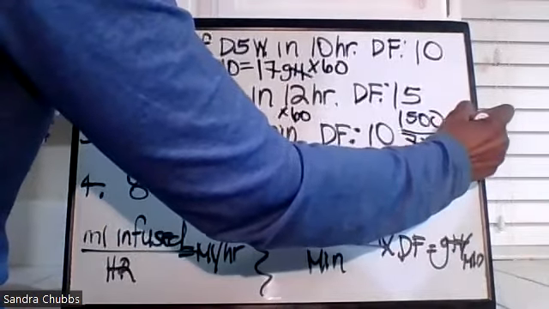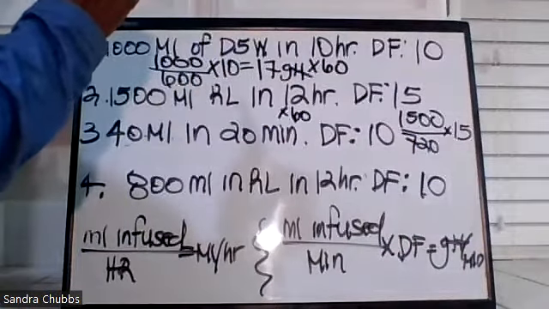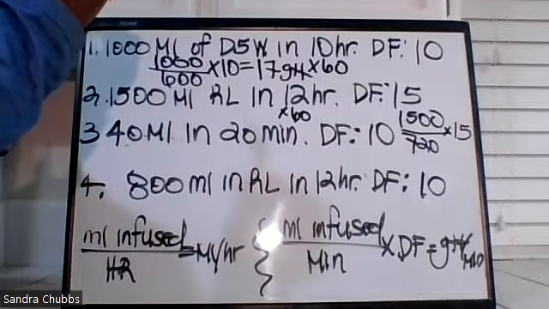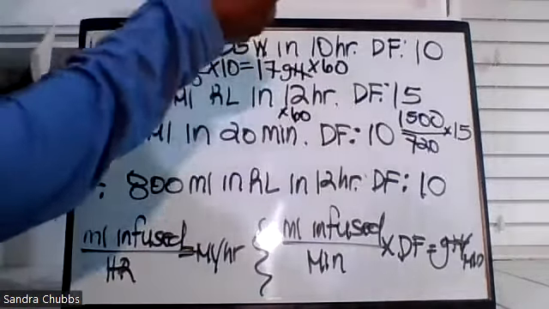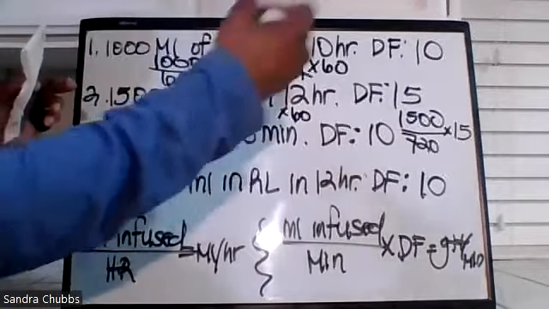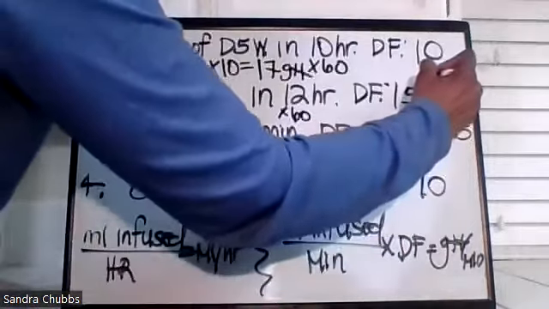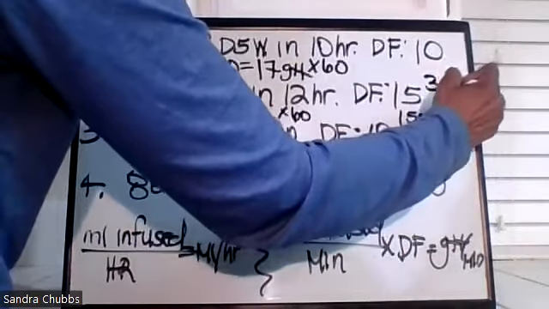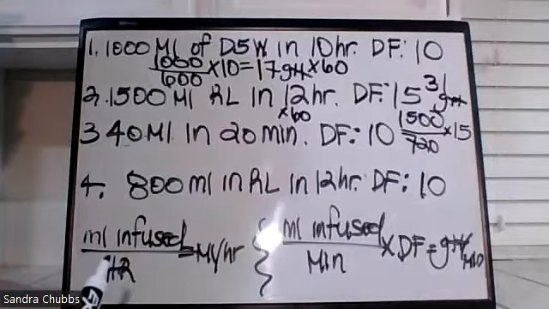Sorry, the board is small. The answer comes out to 31.25. We round to the nearest whole number, and it's going to be 31 GTT per minute for number two.